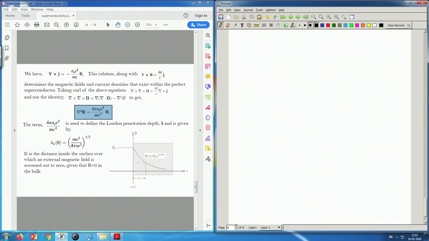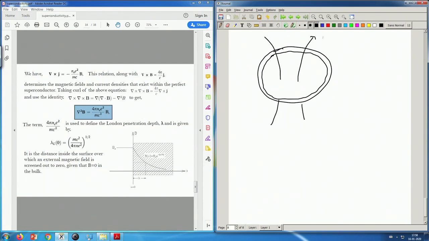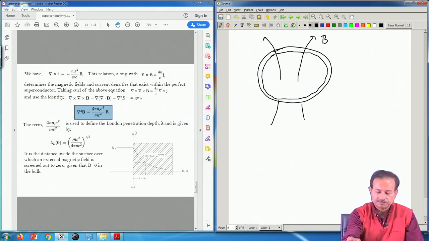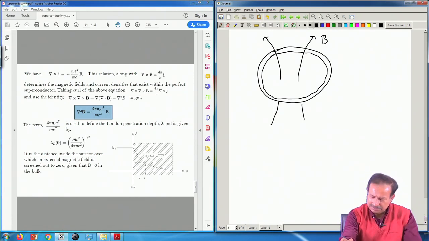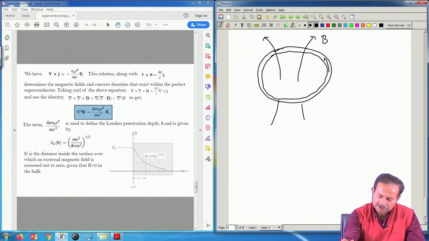Now, that is actually very easily shown if you, for example, take a ring, okay, which is superconducting, and thread a magnetic field perpendicular to the ring, through the ring, and there is supposed to be a current I.